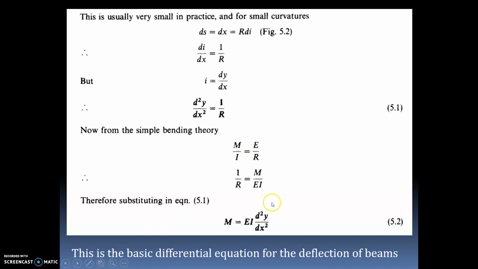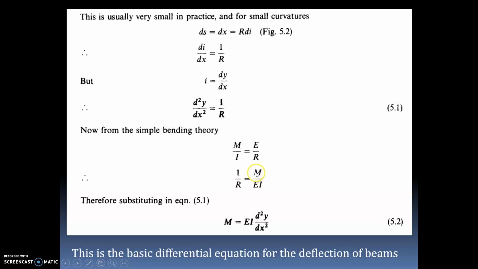If you substitute this value in this equation, because 1 by r is equal to d square y by dx square, d square y by dx square is equal to M divided by EI.